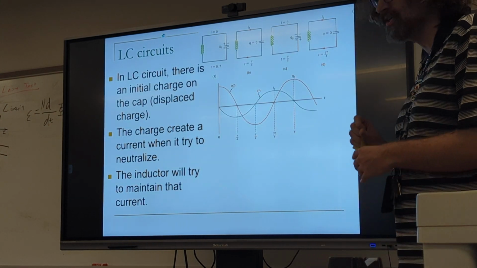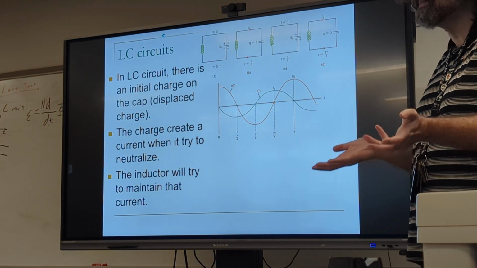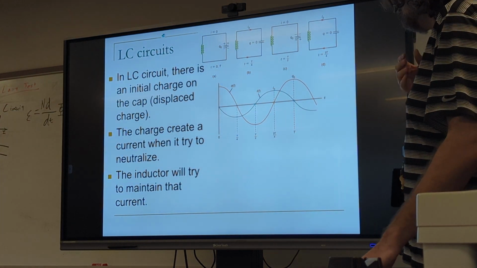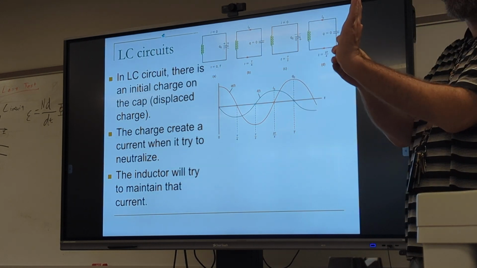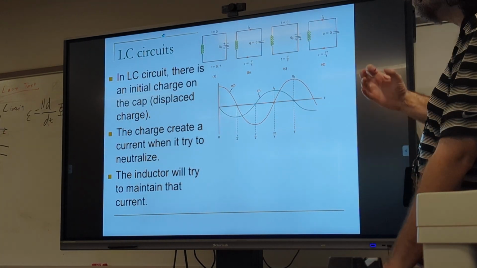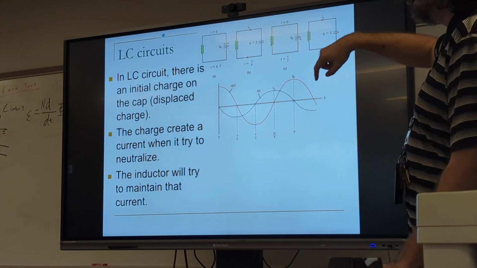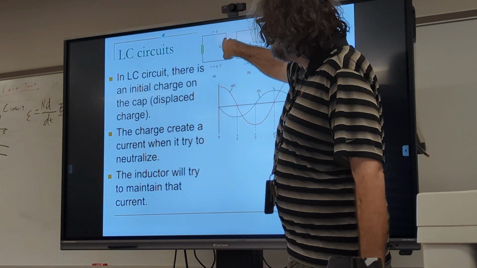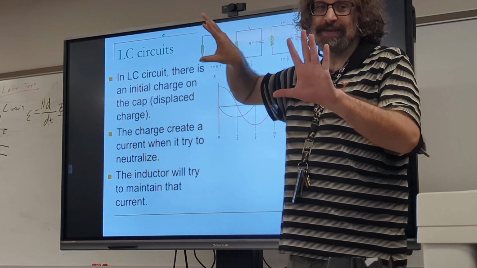So hey, let's talk about LC circuits real quick. You're probably wondering, this is an E&M class, why are we talking about mechanics? Well, what ends up happening is you initially charge your capacitor, so your charge is in a non-equilibrium state. You'll have a positive charge on one side of your plate and no current at the beginning.